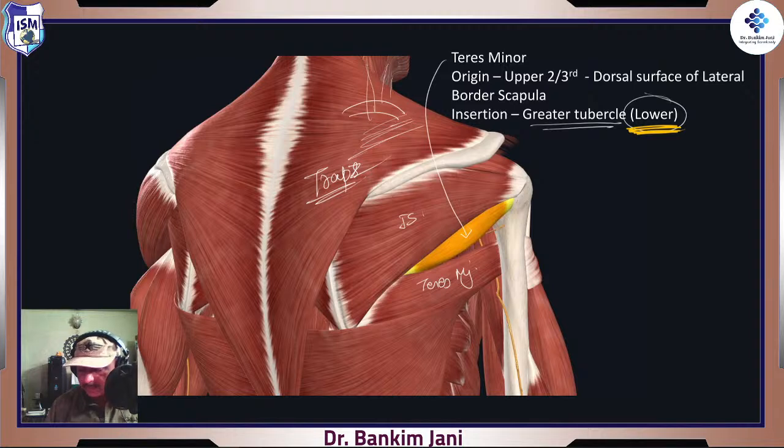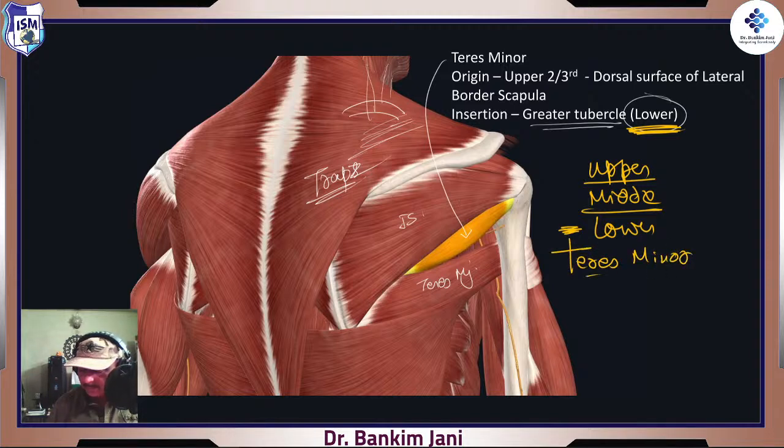We dealt with the upper one, the middle one, and now this is the lower one, where teres minor is inserting. Obviously these two were easy. See, here it is. This is the supraspinatus. This one is infraspinatus. And that is teres minor. See how logical. True?